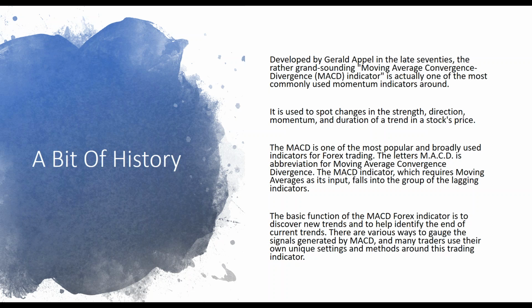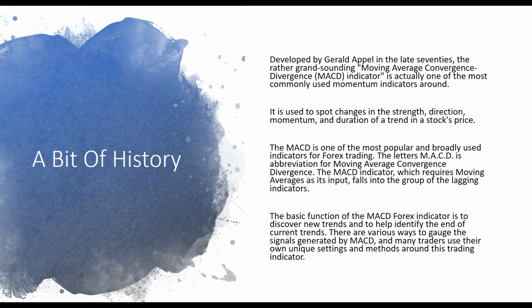It is used to spot changes in the strength, direction, momentum, and the duration of a trend of a stock price or any asset. The MACD is one of the most popular and broadly used indicators for Forex trading. Like I said, I like saying that.